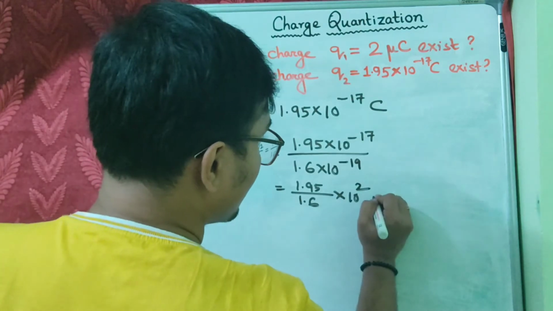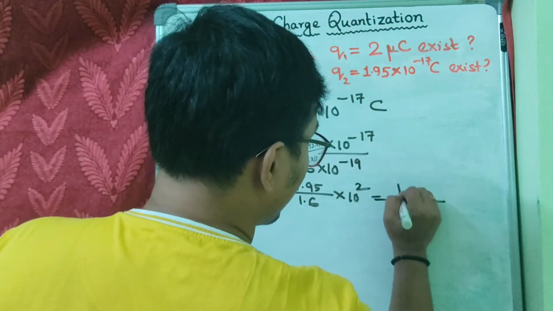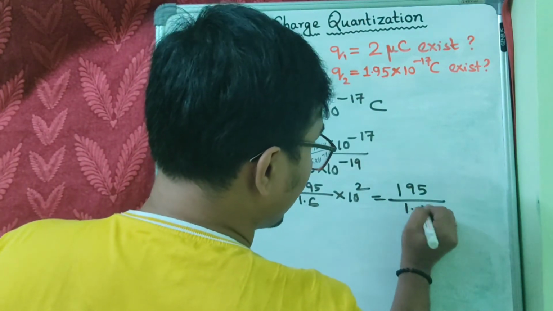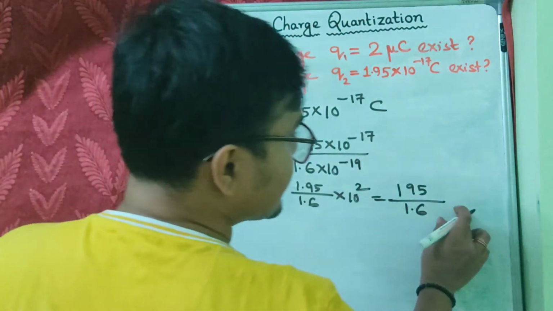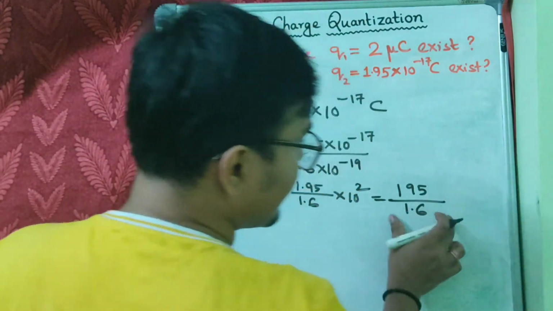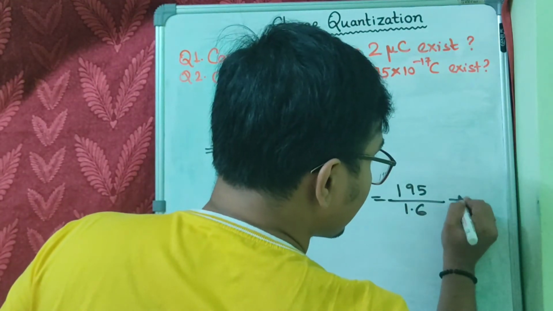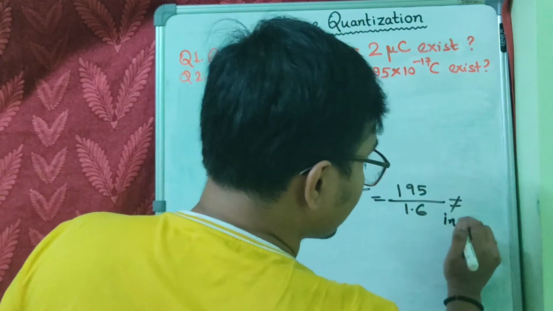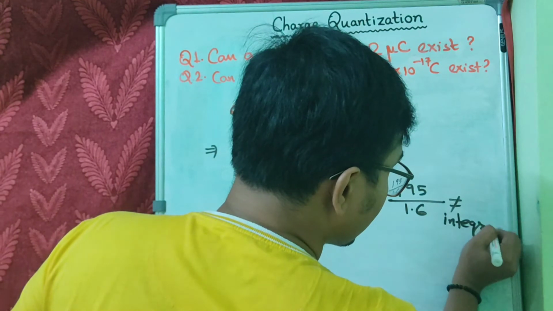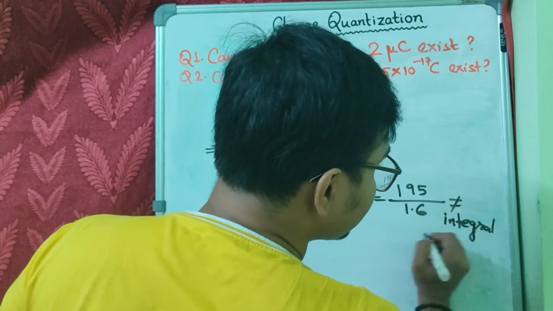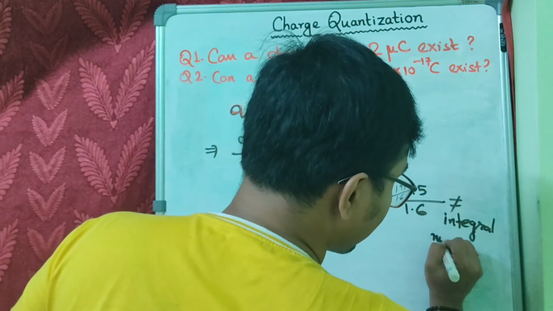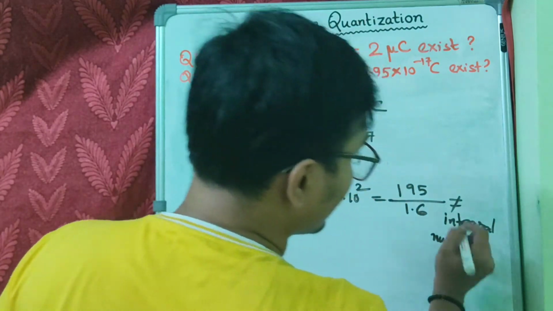that is equal to 195 by 1.6. This is not an integral number. This is not an integer.